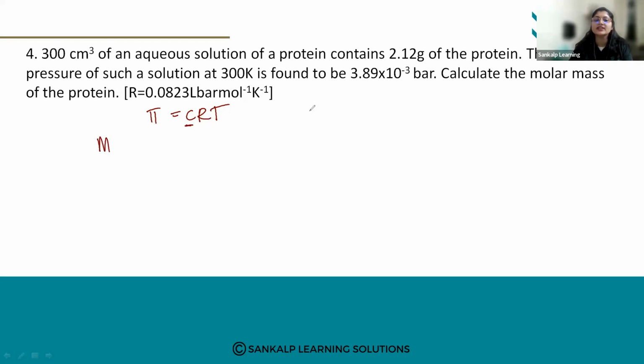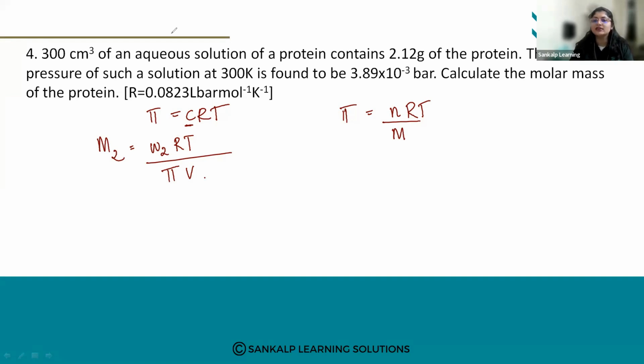Concentration is given as the number of moles divided by the volume, so the molecular mass comes from pi equal to W2 RT over M2 V. So this is the formula which we are going to use.